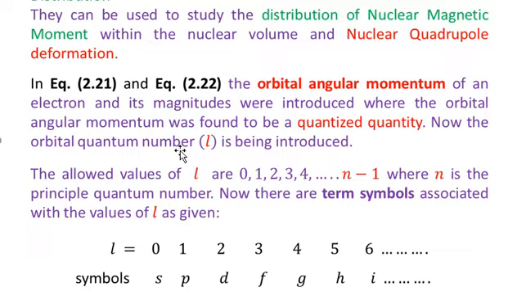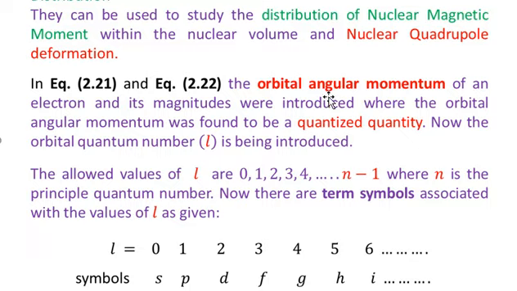Now the orbital quantum number L is being introduced. You see that before that, in the said equations 21 and 22 of slide number 2, we discussed orbital angular momentum in vectorial form, and also we discussed its magnitude, and we found that the magnitude of that quantity was a quantized quantity.